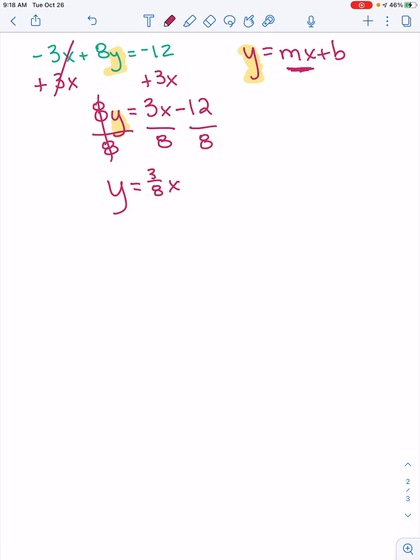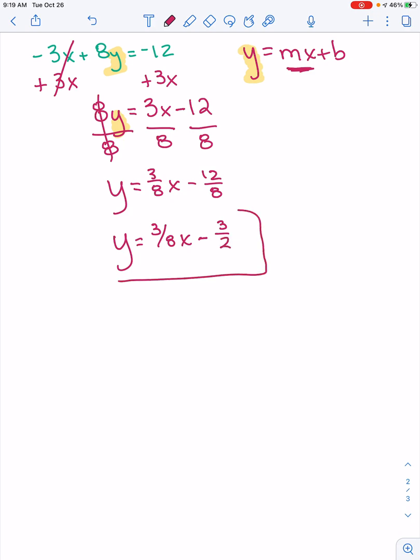And the last thing I need to do is to simplify this minus 12 divided by 8. So we've got 3/8 x, and then this is going to be minus, and I can simplify 12/8. I'm going to divide both of those numbers by 4, and it's going to leave me with 3/2.